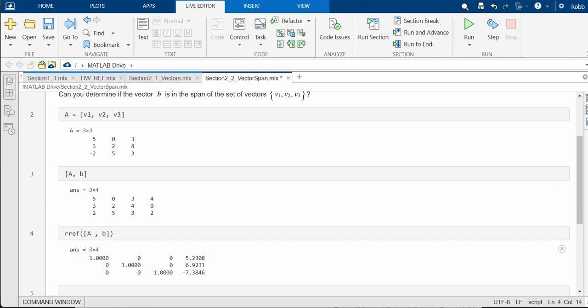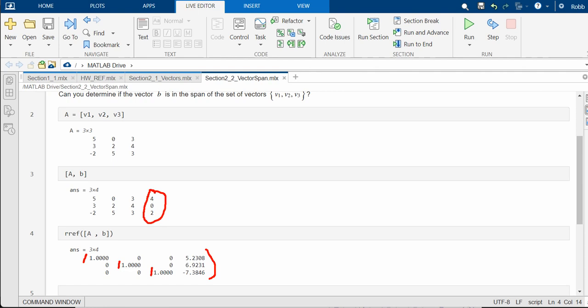Okay, so it says that x sub 1 is about 5.23 and x sub 2 is about, so this is the linear combination. The weights are given here, right? And the vectors, this is x sub 1 and we've got x sub 2 and we've got x sub 3, right? So now this solution does in fact give us the correct linear combination of the vectors that produces 4, 0, 2.